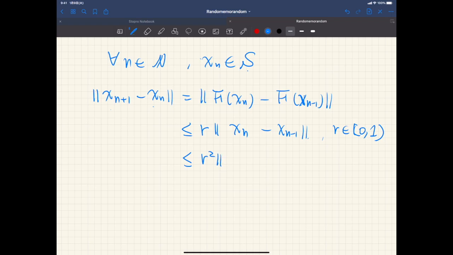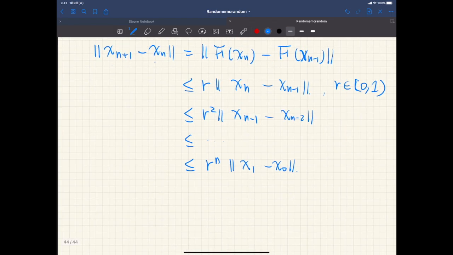If we do this again, we have r squared times the norm of xn minus 1 minus xn minus 2, and so on. So eventually we have r to the power of n times the norm of the difference between x1 and x0.